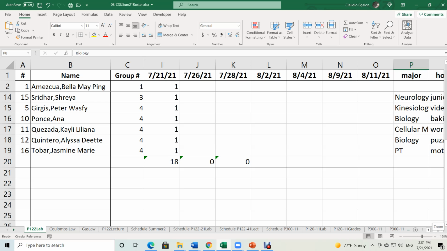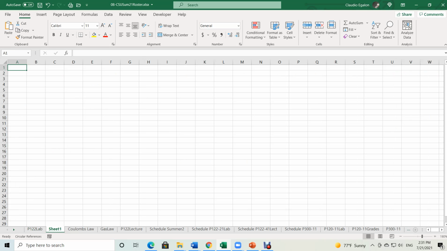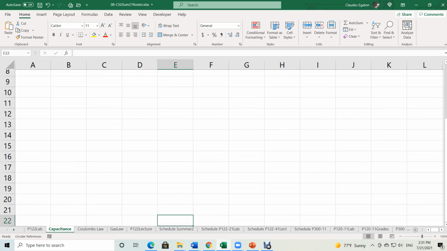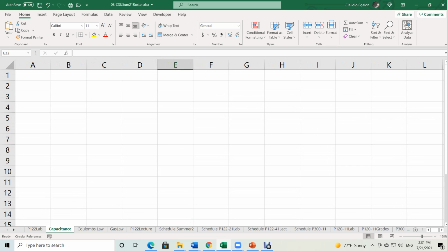Zoom in. Let's see. Oh, here you go. See the positive. We generate a new sheet. We label it capacitance. For mine, right? You can do the same. Zoom in a little bit so you folks can see all of that more easily. What do I like to do?